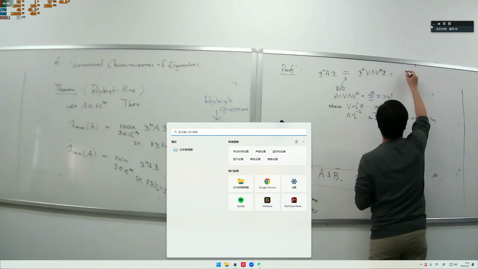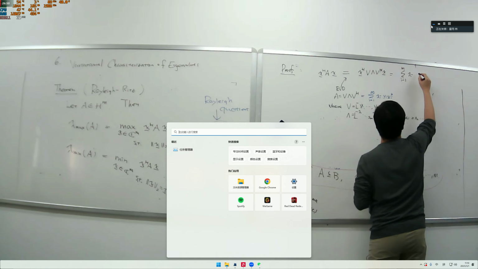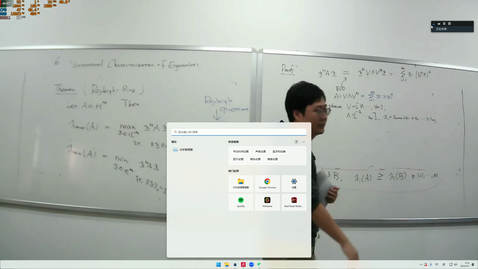So then this is the summation over i from 1 to n of lambda i times the squared magnitude of v_i Hermitian x.